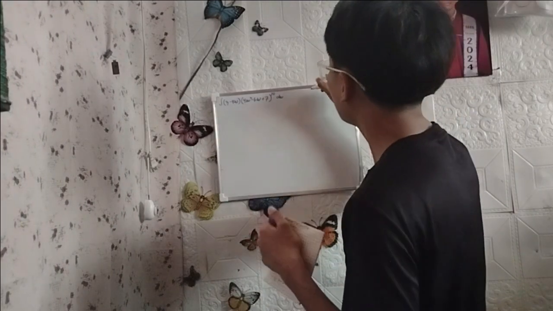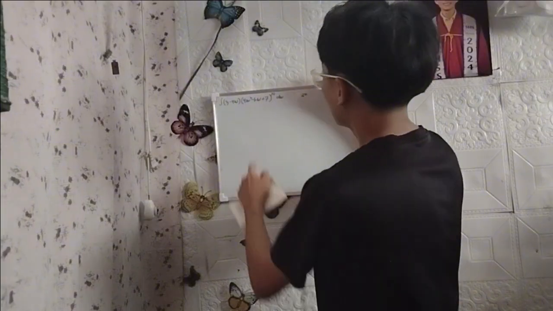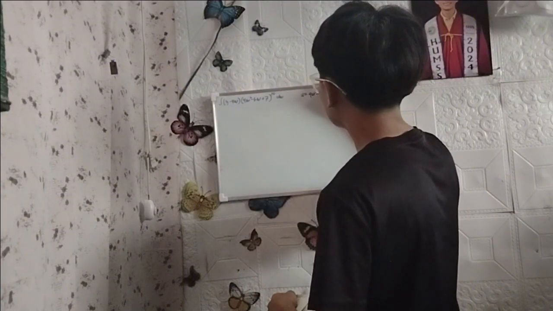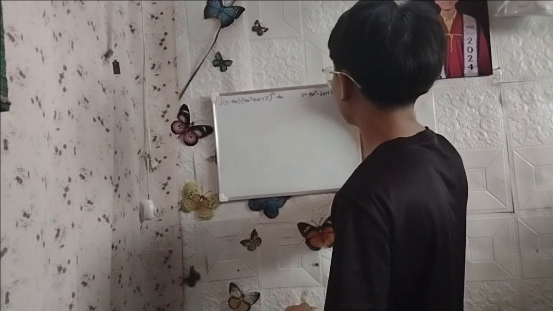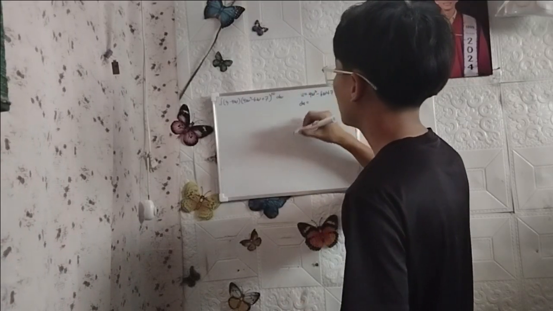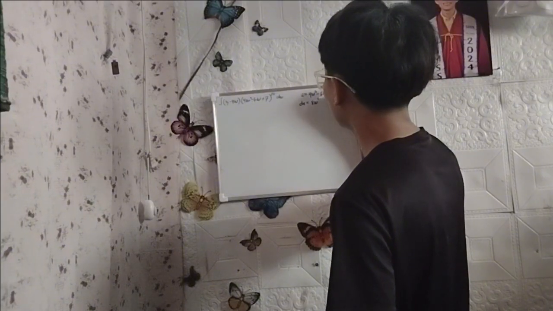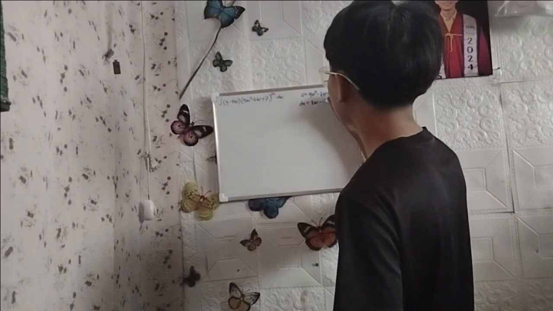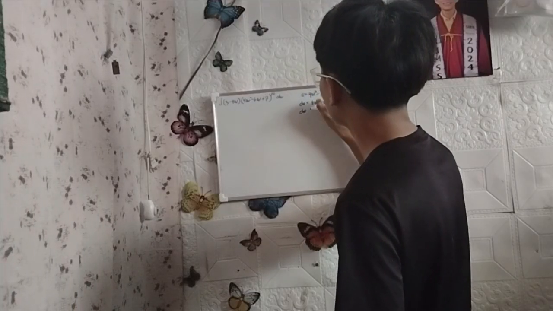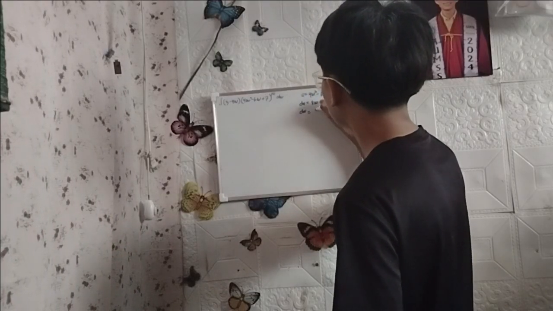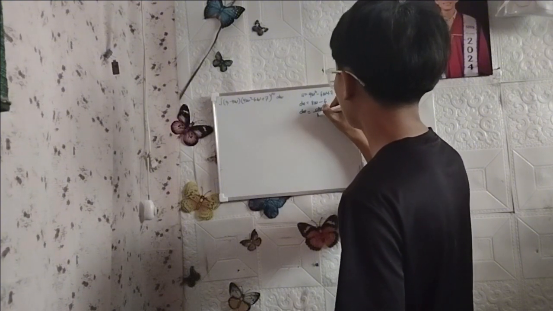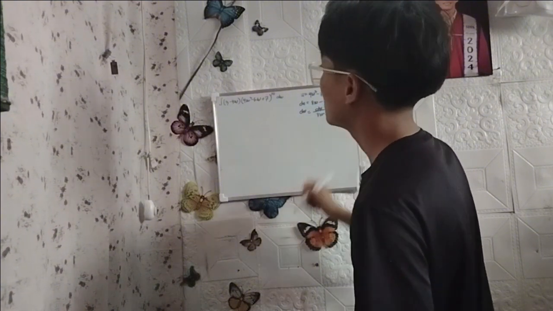So let u be 4w squared minus 6w plus 7, and du, the derivative of u, is 8w minus 6, and our dw is du over 8w minus 6.